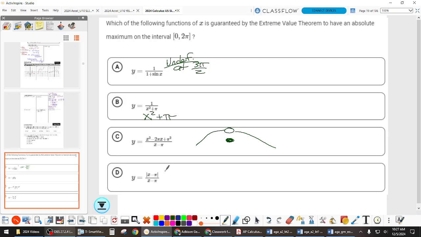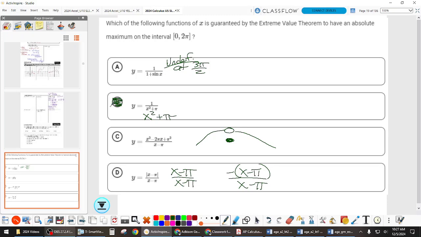No, because remember we have to split the absolute value. So this would be x minus pi over x minus pi, which is 1, the limit as we approach pi. And then the negative version of the numerator, so that would be -1. Anyway, all that to say that this one's fine.